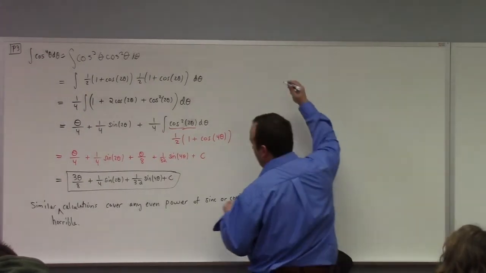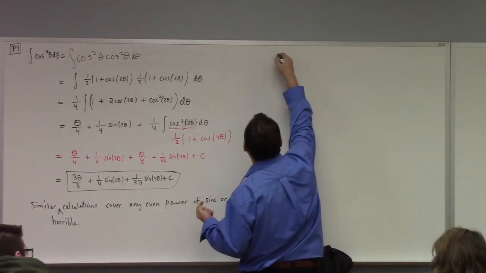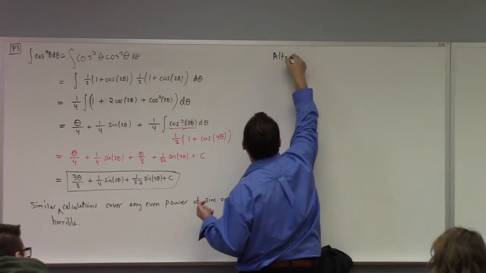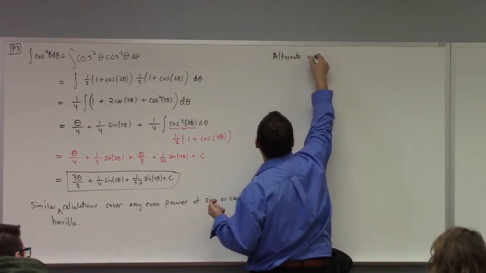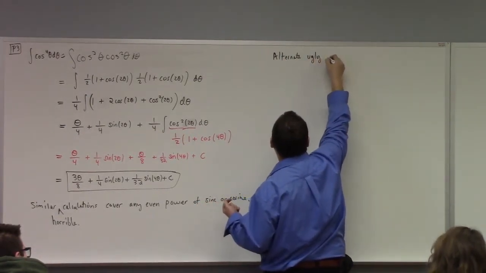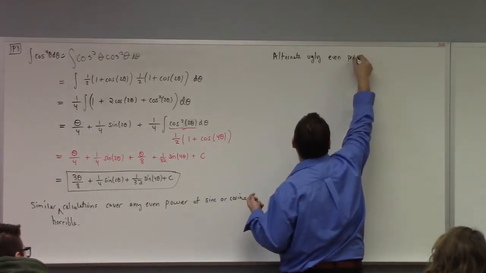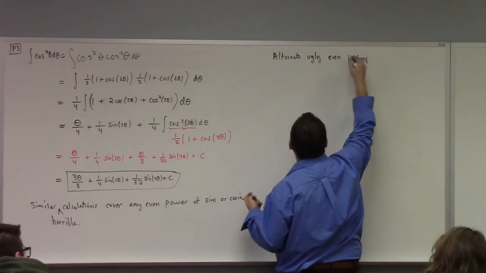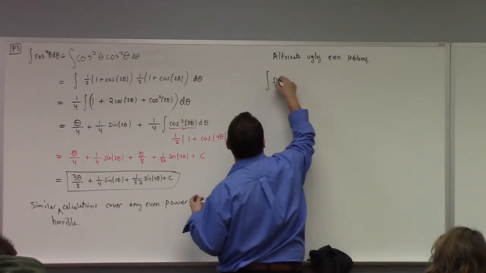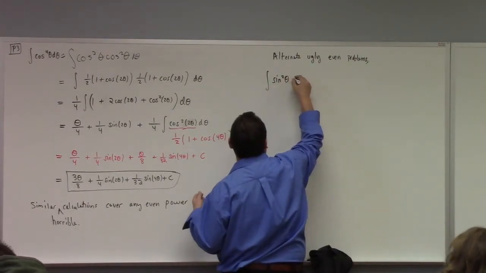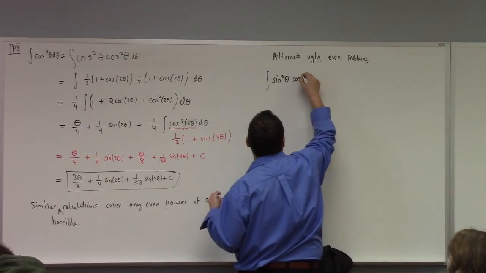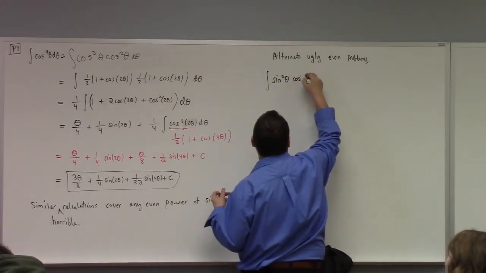There are alternate ugly even problems. You could come to something like the integral of sine squared theta times cosine squared theta, something like, well, that's not what I want.